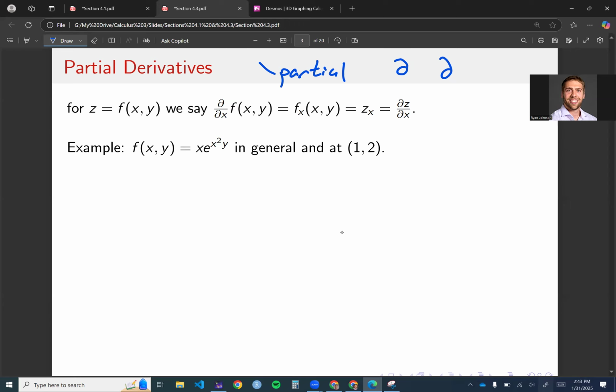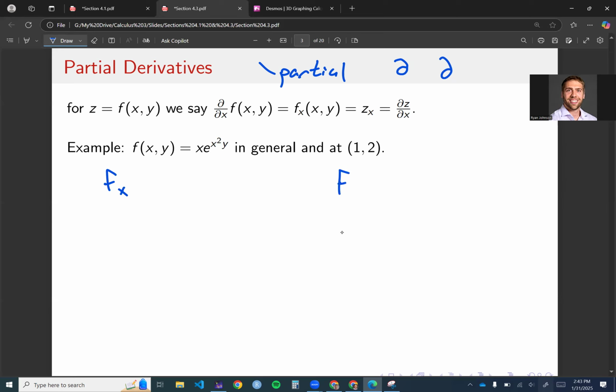I want you to find both partial derivatives. We need to find f_x and f_y. Actually, I'll do one of them and then you do the other one. I'll do the easy one and you do the one with the product rule.